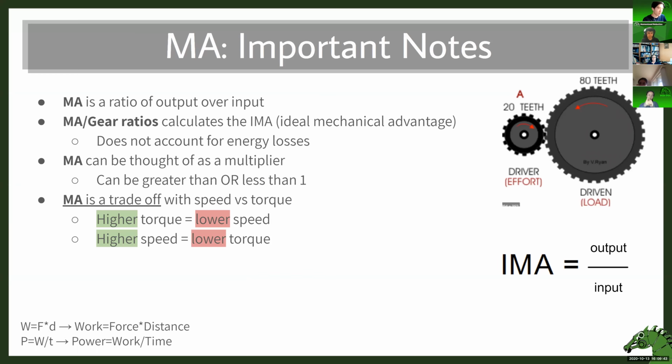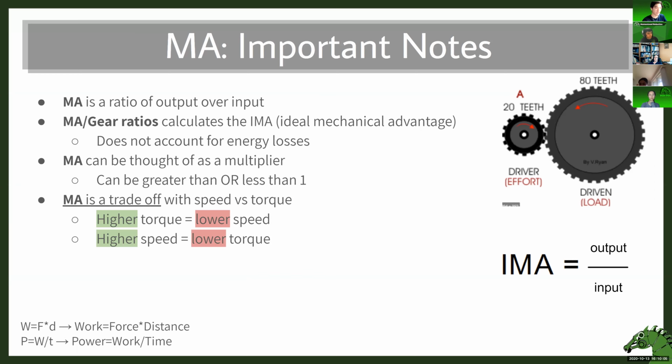Another note is that this ratio is theoretical, right? Whenever you have some kind of motion, say gears, belts, pivots, really any motion, there's going to be energy losses. And this is technically ideal mechanical advantage, so it doesn't account for the losses.